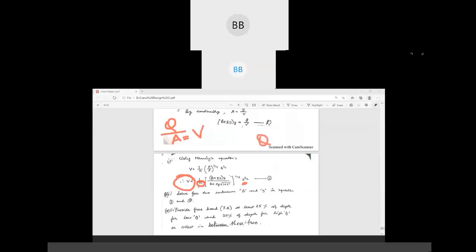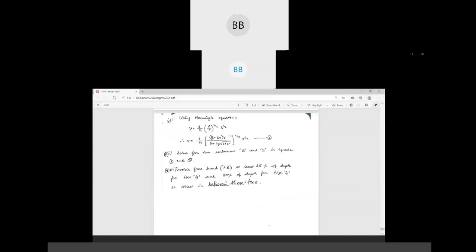Then solving 1 and 2 you can find out b and y, and then we have to provide freeboard. If the discharge is low, then we provide 25%, or if the discharge is high, then we provide 30%.